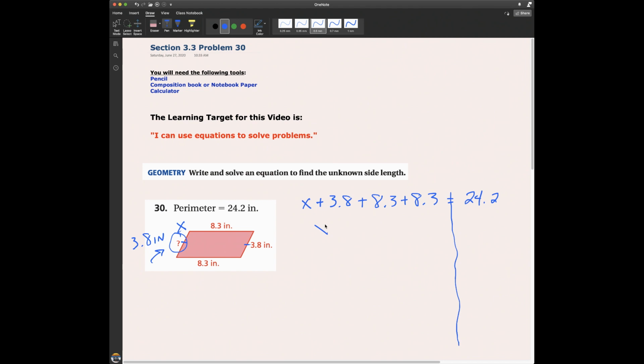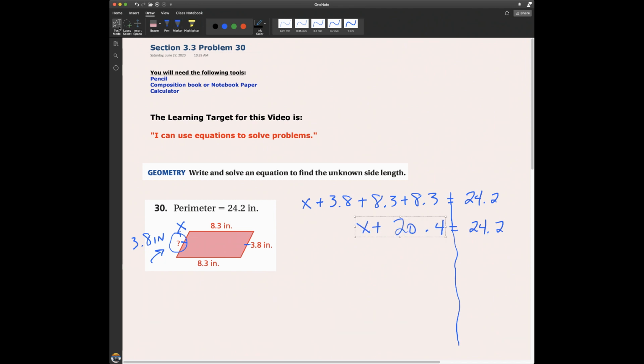I get X plus 20.4, and that equals 24.2.